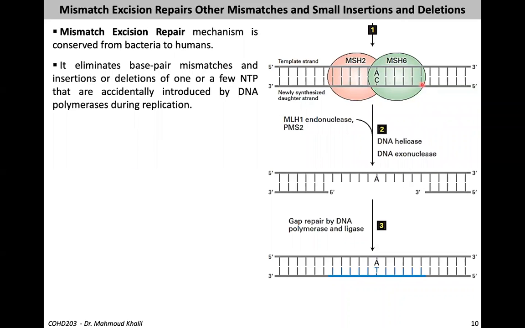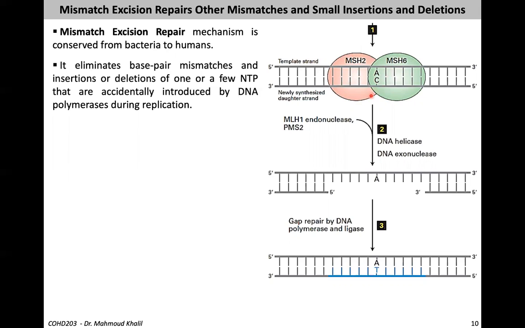In the figure, you can see the DNA template strand and the newly synthesized strand by the DNA polymerase, and these bases have been introduced by the polymerase incorrectly. Once this damage is sensed by the mismatch excision repair, two proteins attach on this side of the DNA, MSH2 and MSH6.